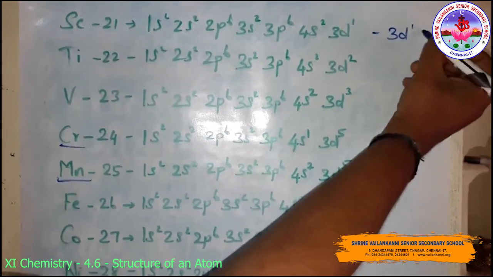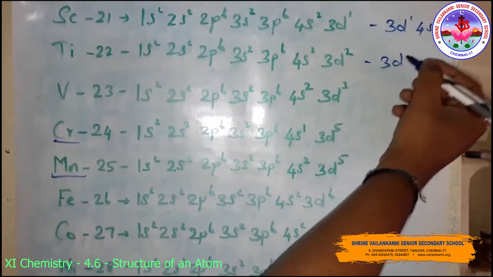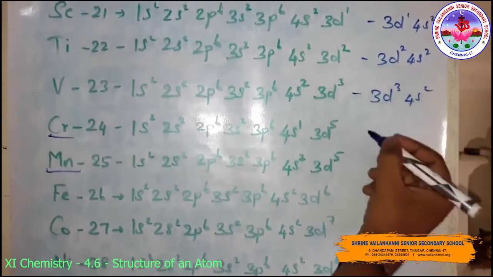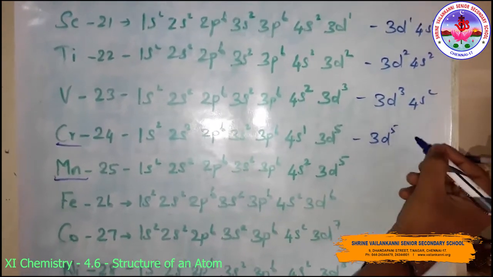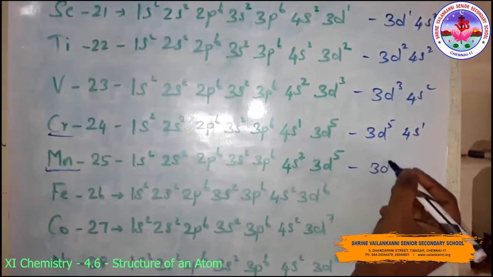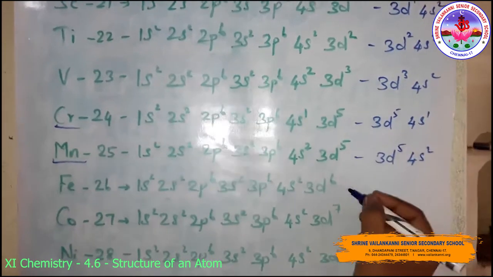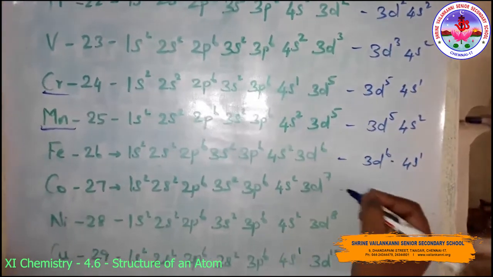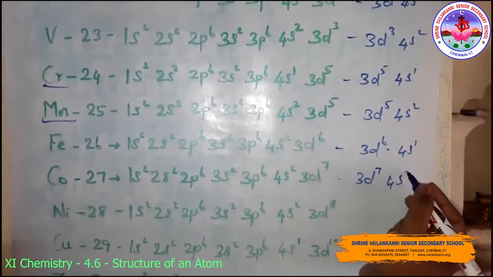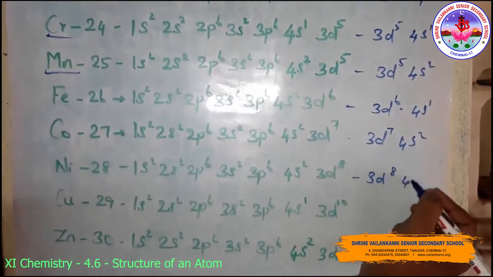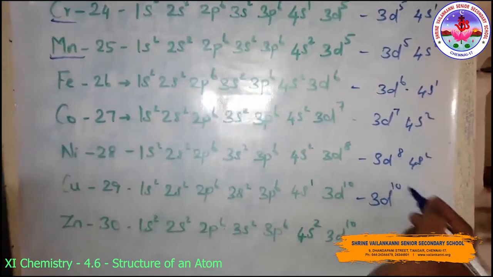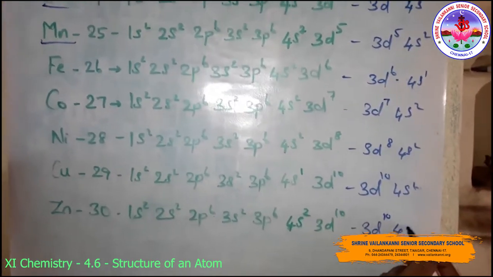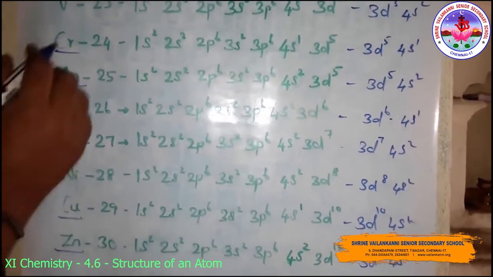Scandium 3d1, 4s2, titanium 3d2, 4s2, vanadium 3d3, 4s2, chromium 3d5, 4s1, manganese 3d5, 4s2, iron 3d6, 4s2, cobalt 3d7, 4s2, nickel 3d8, 4s2, copper 3d10, 4s1, zinc 3d10, 4s2.